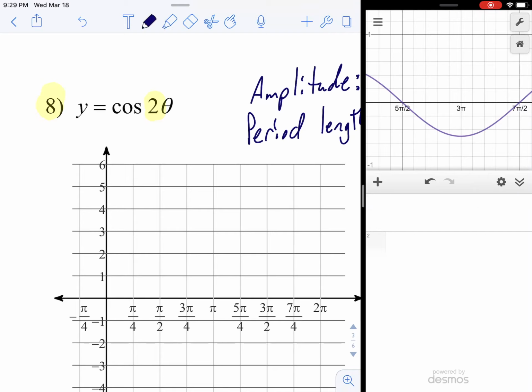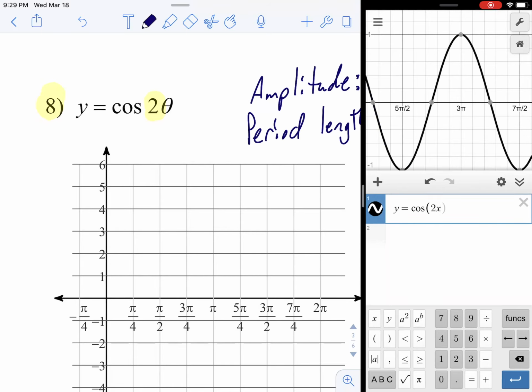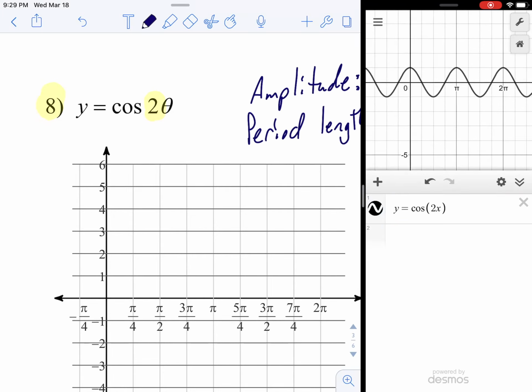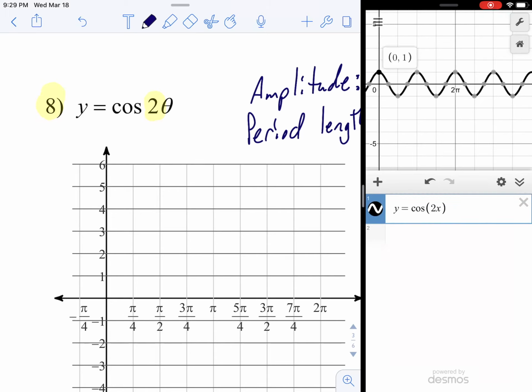Well, let's look. Let's graph y equals function cosine 2x. And I'll hit the home button again. Ooh, look at that. Actually, I'm going to reorient it just a little bit. Okay, where does the wave start? 0, 1. Goes through the x-axis at pi over 4. Has a minimum point at pi over 2, negative 1.